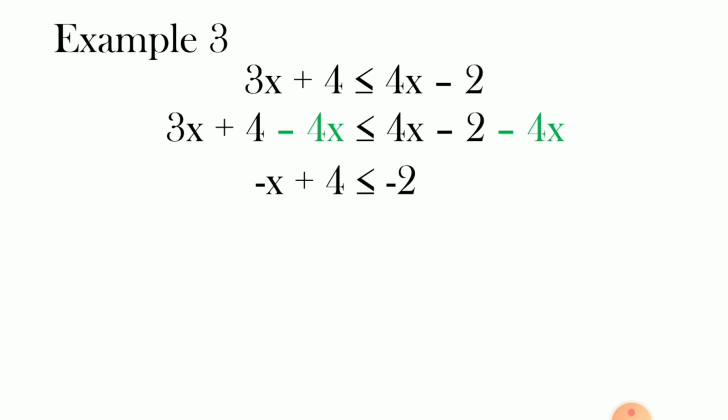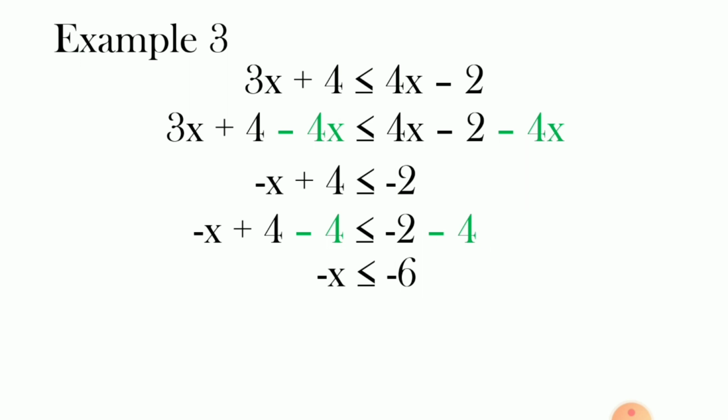Then less than or equal to 4x minus 4x, that is 0. What is left is negative 2. Then subtract both sides of the inequality by 4. So that is now negative x plus 4 minus 4 is less than or equal to negative 2 minus 4. So 4 minus 4, that is 0. What will be left on the left side of the inequality is negative x. The negative 2 minus 4 is negative 6.